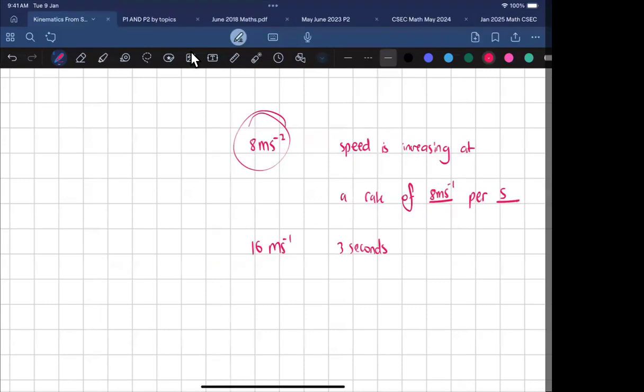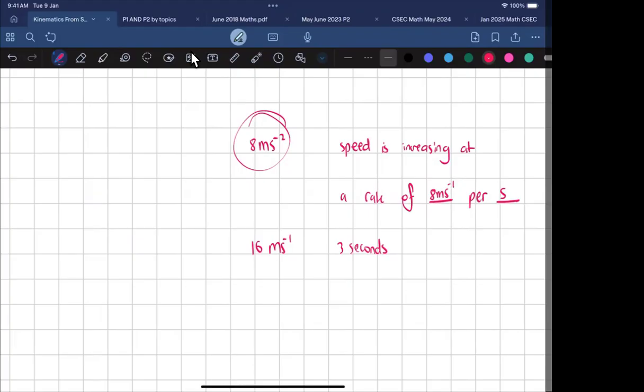What would be my final speed? The rest of you could also calculate this and drop it in the chat or send it to me. So Kiera, you start off at 16 meters per second, you accelerate at 8 m/s² for 3 seconds. What is your final speed? 24. It wouldn't just be 24, because what speed did you start off at? 16. So that 24 is going to be taken away from the 16 or added to the 16.